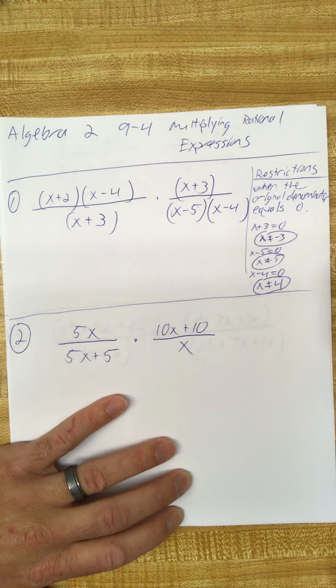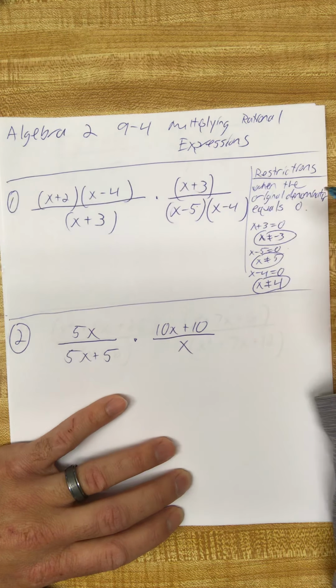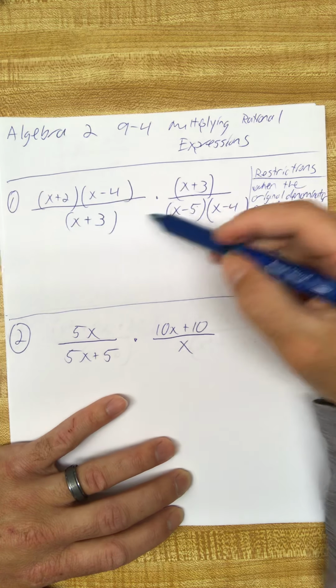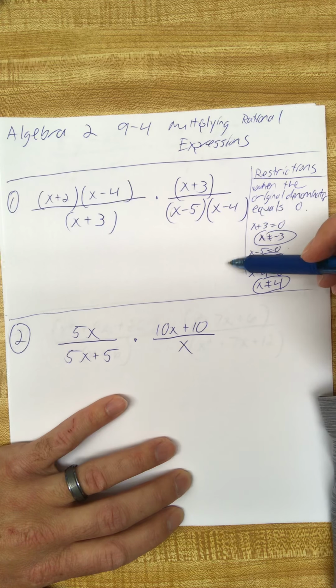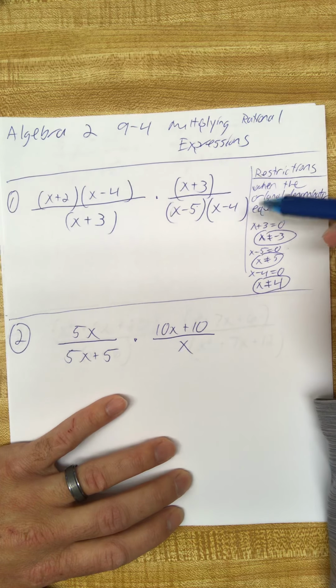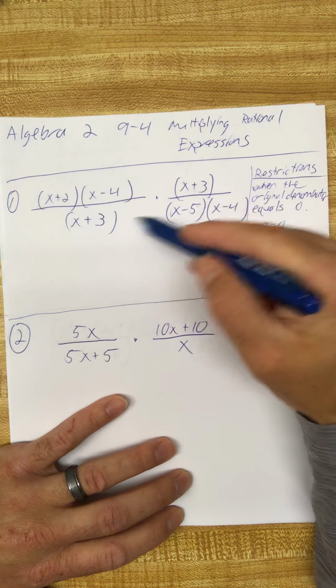And really here, it's even more important that we're doing these restrictions first. We're multiplying these two rational expressions together, and you've got to figure out those restrictions right away. Don't put that off, because once you start to get into simplifying everything, you kind of forget about what you had there. So anyway, you're just looking for common terms in either numerators and denominators.